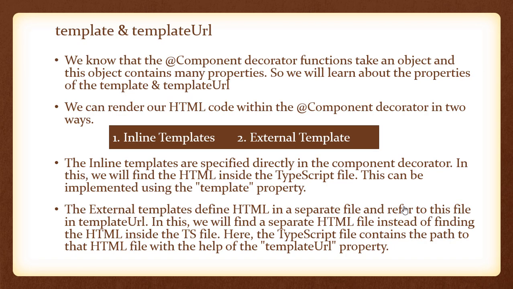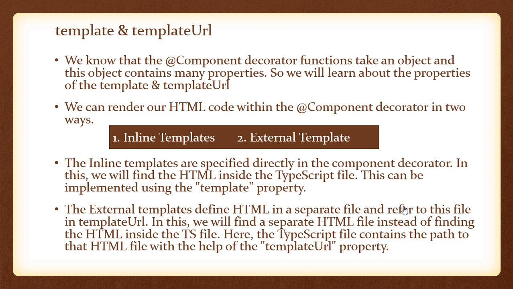Let's have a look at template and template URL. We know that the @Component function takes an object with properties like template and template URL. We can render our HTML code within the @Component decorator in two ways: inline templates and external templates.